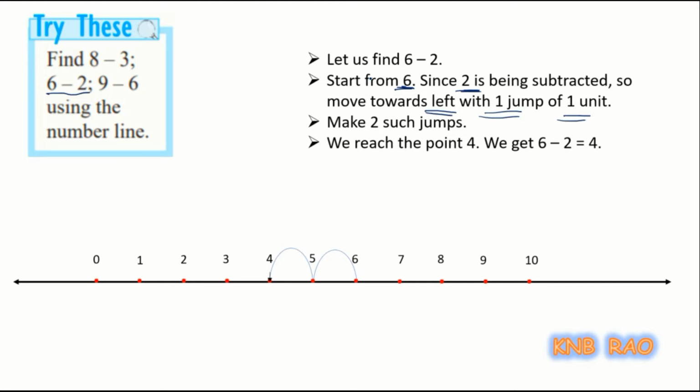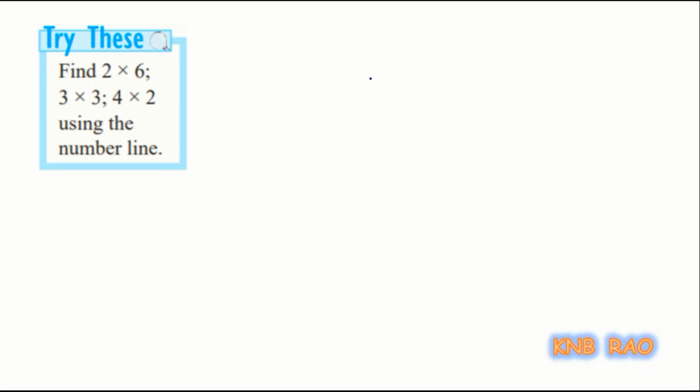Now coming to the third try this, multiplication of whole numbers on the number line. So here again you have got 3 numericals and I would be doing third numerical, that is 4 into 2. Let us see how we will find 4 into 2.